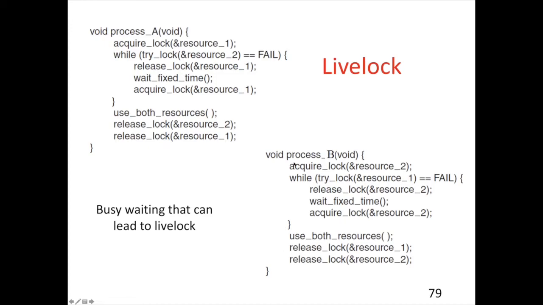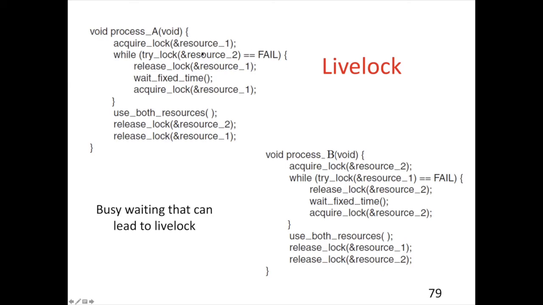And the code for process B is the same except that it first requests resource 2 and then tries to lock resource 1. If the concurrent execution of the processes is such that process A acquires lock on resource 1, then process B acquires lock on resource 2, then process A applies trylock on resource 2.